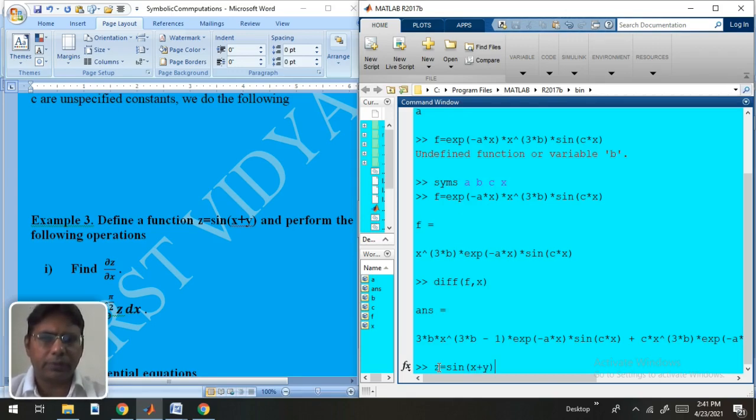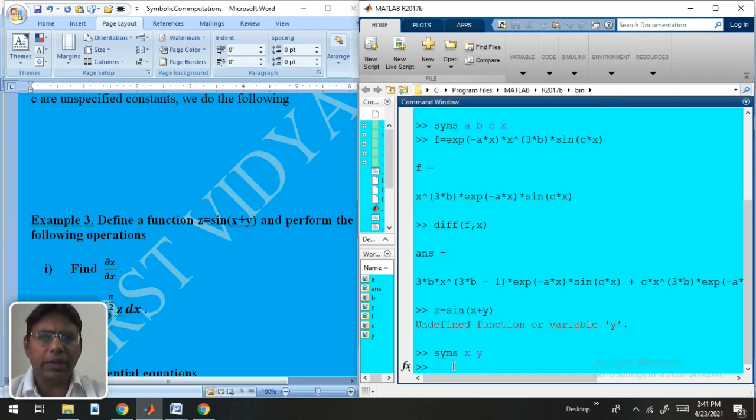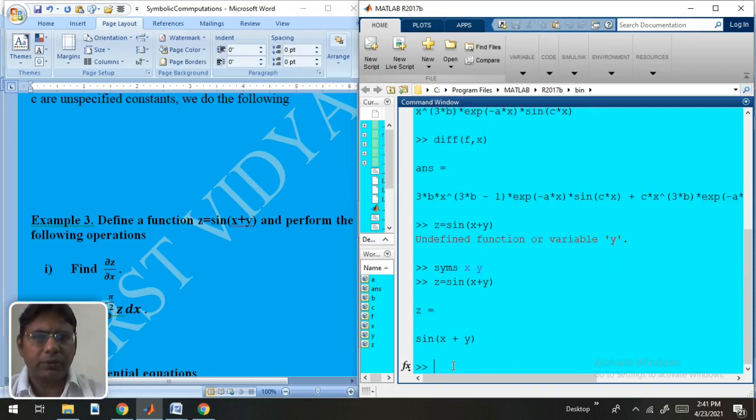Here again we should have written syms x and y. Then we write z, and now we want to differentiate this function z with respect to, suppose, x. Partial differentiation in this case.